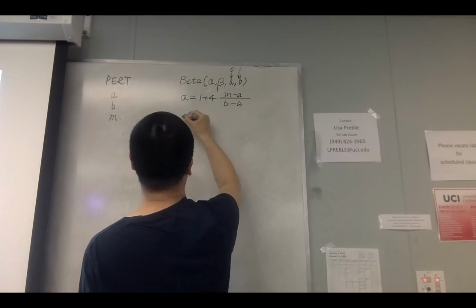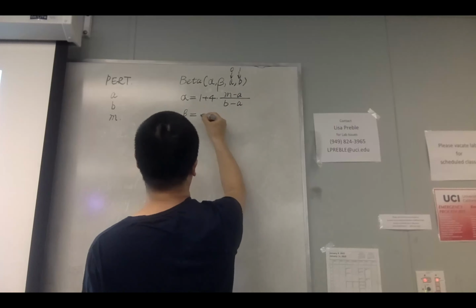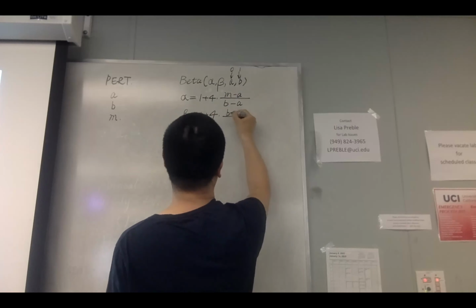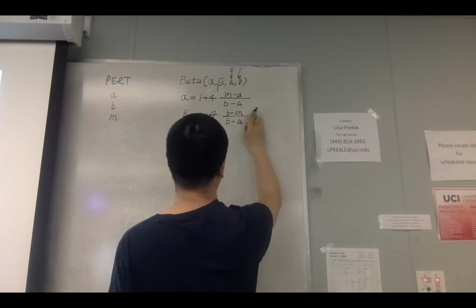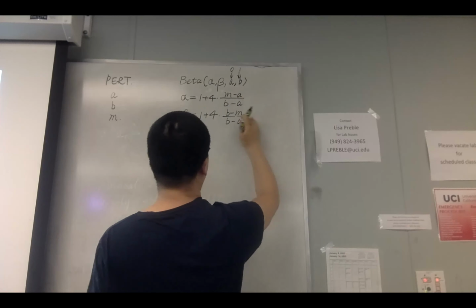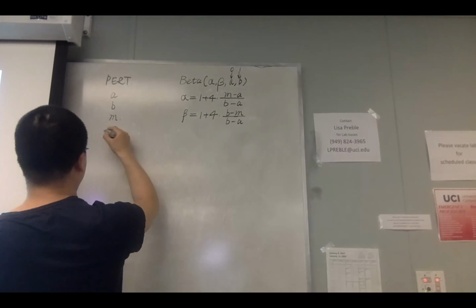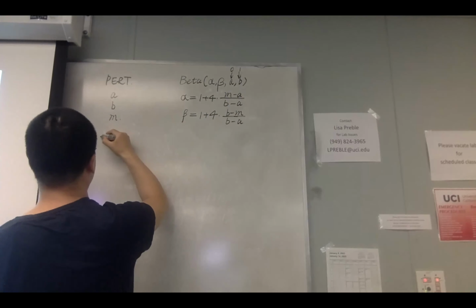And the other shape parameter, beta, would be 1 plus 4 times the rest, so (B minus M) divided by (B minus A). Then let's see what the other parameters come in.